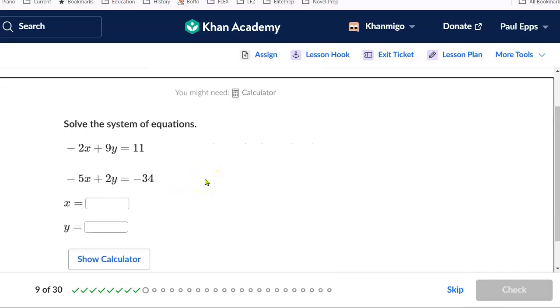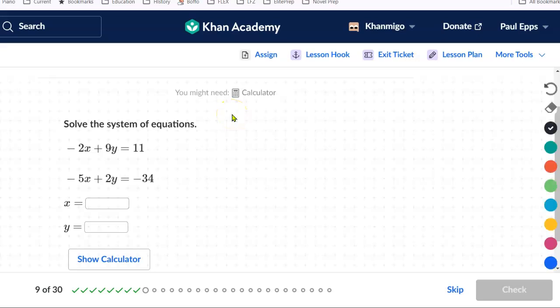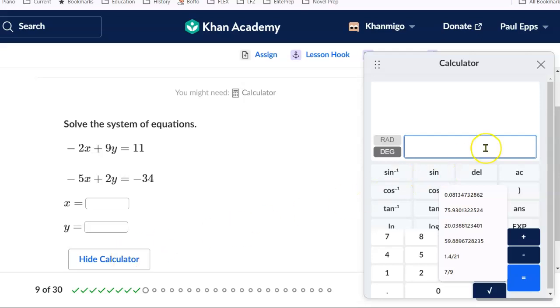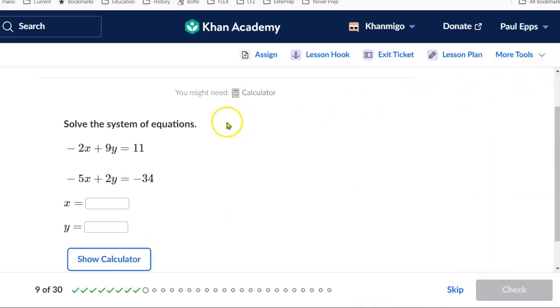Solve the system of equations. All right, so we might need a calculator. What happens here if, actually, let me turn that off. What kind of calculator is it going to show me? That's not the kind of calculator that I want.